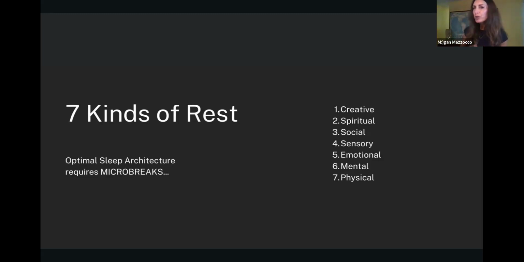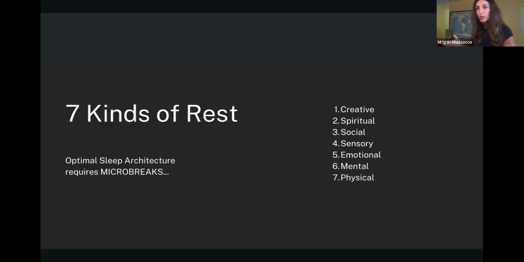So the spiritual rest is just the idea that you are contributing to something greater, something bigger than yourself. It may not be your business, but it may be the involvement that you have in your community. And then social rest is about our relationships.